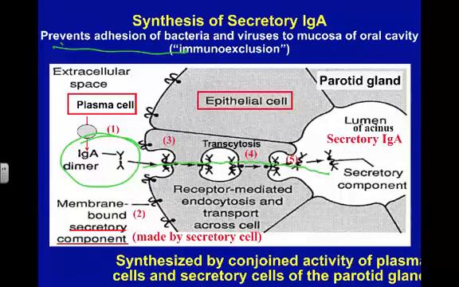The reason it's so important is immunoexclusion. What that means is that it not only binds to the foreign compound to get rid of it, which is very, very important, it prevents viruses and bacteria from binding onto the oral cavity, which means they can't penetrate.